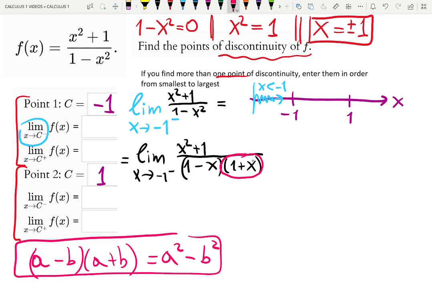Well, if I approach x, which is -1, from the left, that means I'm substituting numbers that are less than -1, which is -1.1, let's say -1.01, -1.001.